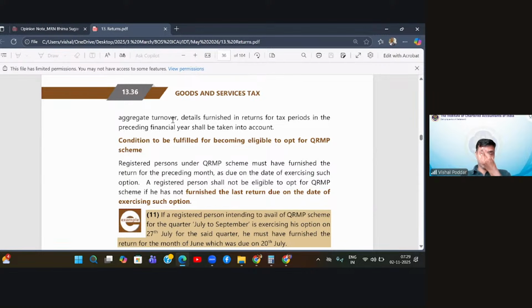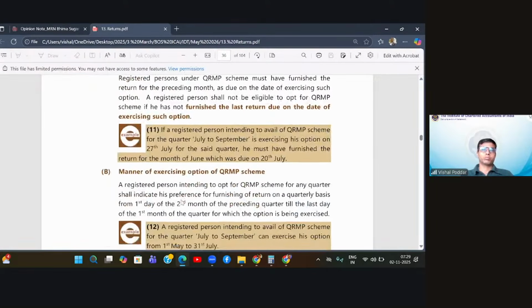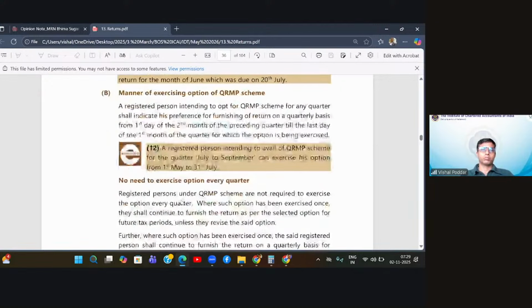Conditions to be fulfilled for becoming eligible to opt for QRMP scheme: registered person under QRMP scheme must have furnished the return for the preceding month as due on the date of exercising such option. A registered person shall not be eligible to opt for QRMP scheme if he has not furnished the last return due on the date of exercising such option.